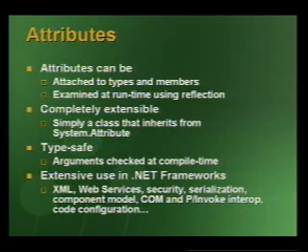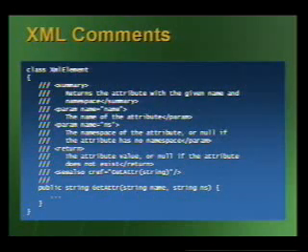We also use it in security, in serialization, in our component model, in interoperability with COM and DLLs, code configuration, et cetera, et cetera. But key is that it's an extensible mechanism. If you are developing hosting environments that require declarative information carried along by the components that you host, there is a mechanism here that allows you to build that.